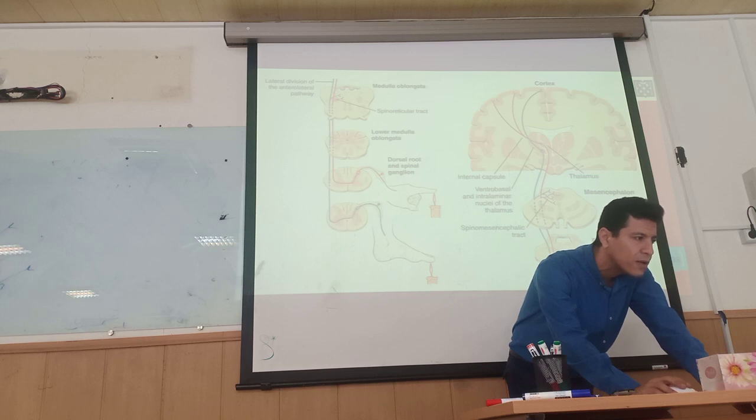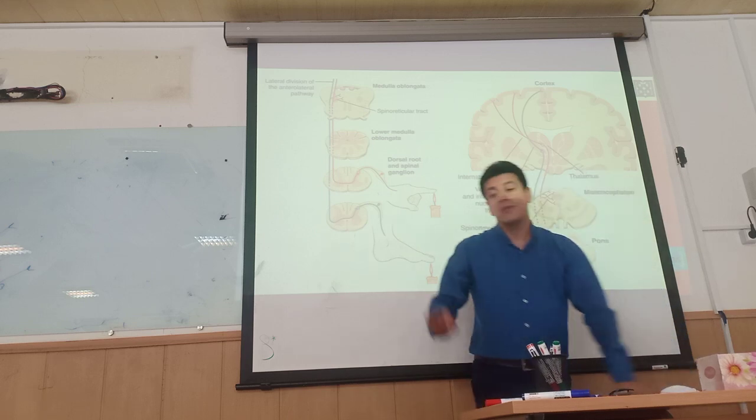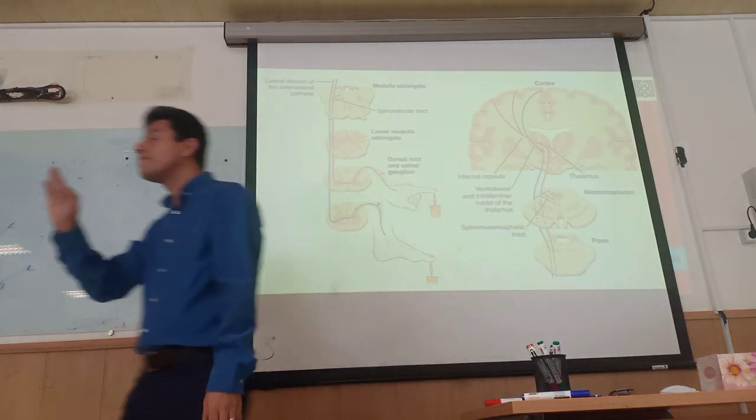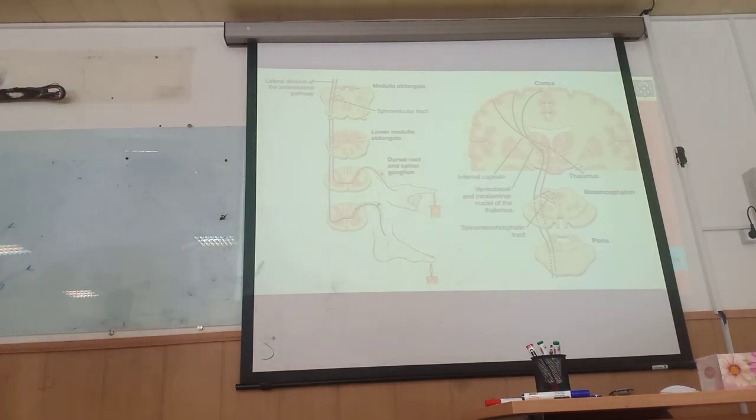But the main fiber continues its way to the thalamus. Then it stops here. So the second synapse is in the thalamus. Second neuron was in the spinal cord. First neuron was in the dorsal root ganglion.